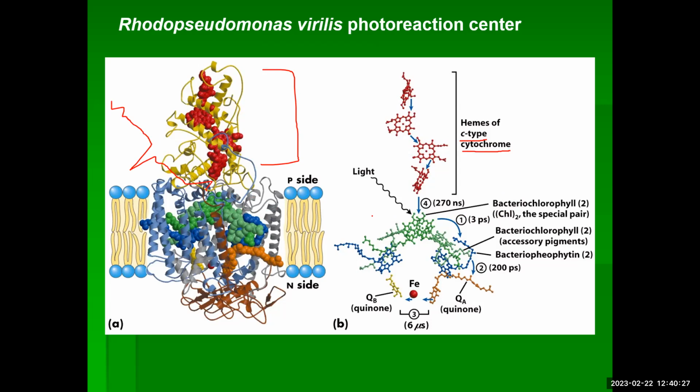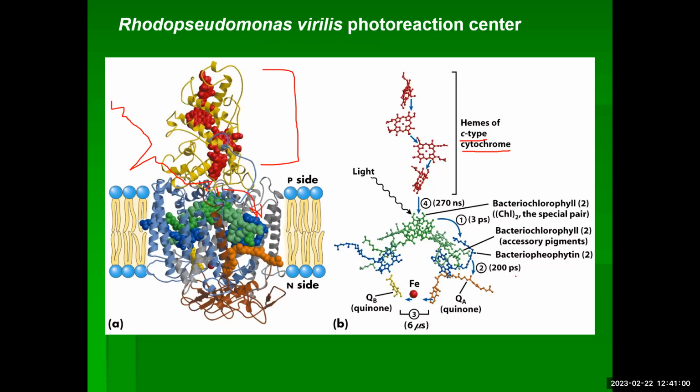its electrons to the accessory pigment, this other bacteria chlorophyll, which is over here. So you go from here to here. So this transfer goes this way, like that. Then you have something called bacteria phaeophytin. Bacteria phaeophytin has all the structures of bacteria chlorophyll, but it does not have the magnesium in the center.